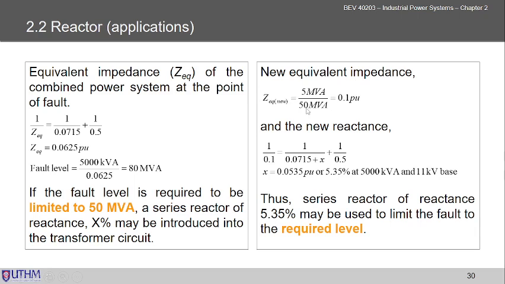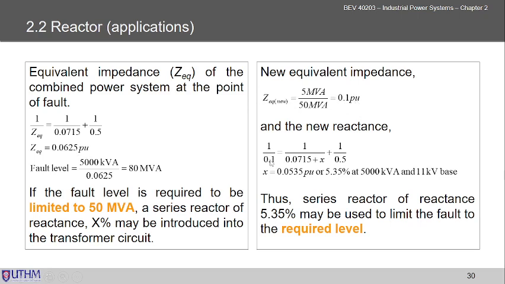Since we only limit to 50 MVA, we change this 80 MVA with 50 MVA, and this is the 5 MVA base. Then our targeted Z equivalent is 0.1, rather than 0.0625 just now.